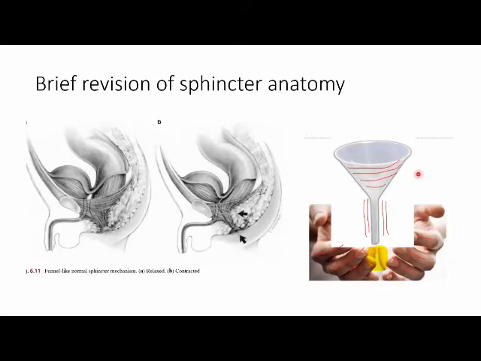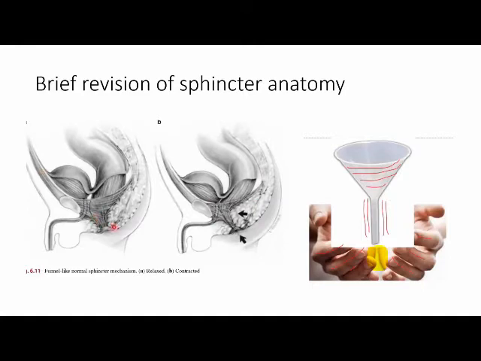If you imagine this funnel, the horizontal lines show the upper levator ani fibers, and the vertical fibers are the muscle complex, which are vertically arranged striated muscles. And if you look laterally, there will be the lateral parasagittal fibers. So in a nutshell, we can simply define the muscle anatomy using this picture on the right side, and the same thing is shown in an anatomical manner on the left side.